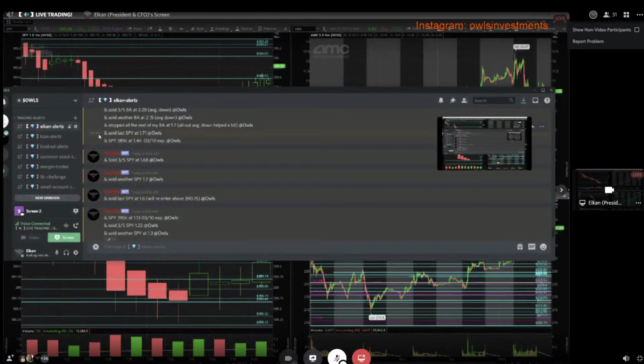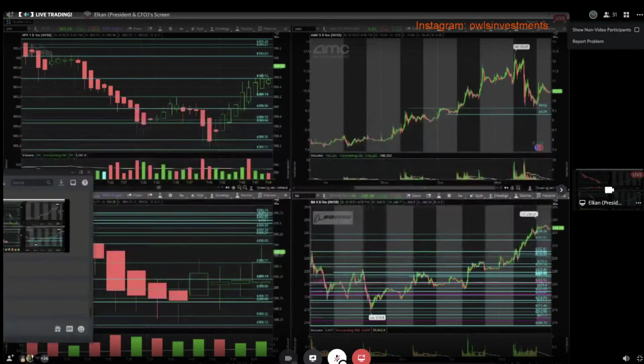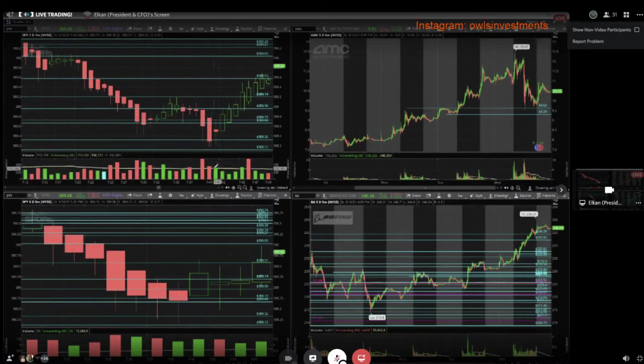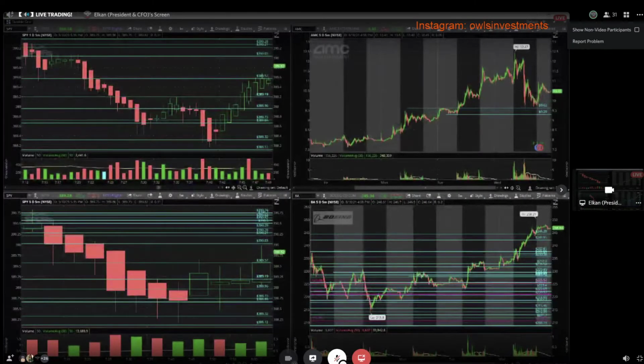Here, 7:41. So after I see that, I take my profits and I'm done. Especially if I see these candles coming here and showing reversal. So that's one trade, that's one that we did today. I can show you every single one, but we're gonna be here all day for that.